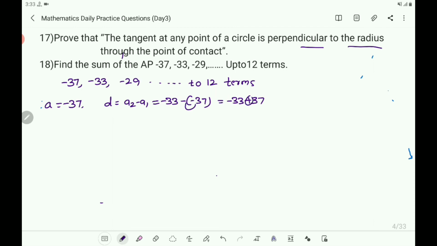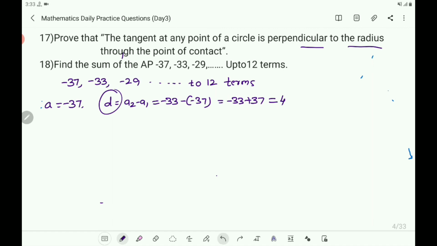That is nothing but 37 minus 33, which is 4. So you got D equals 4.